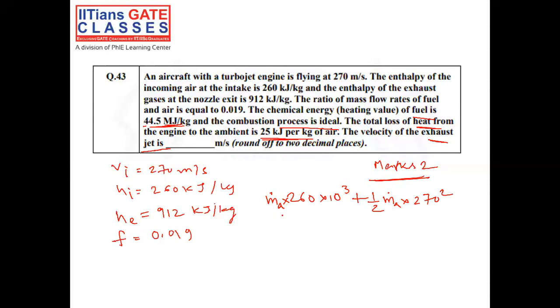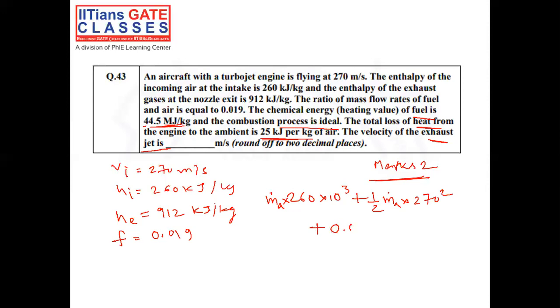So if we do the energy balance equation across the combustion chamber, what do we get? This is the total energy at the entry of the combustion chamber, and then inside the combustion chamber the fuel is being added.